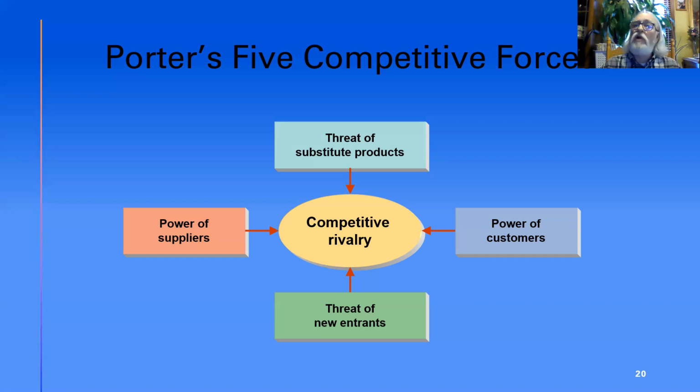So the power of suppliers in cases like that will be higher. They can set the price. On the other hand, if there's a lot of competition, a certain input is readily available, and many suppliers are in the market, then maybe the power of suppliers is not as strong, and you can shop around a little more and have a little more discretion.